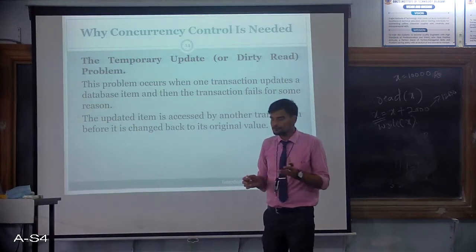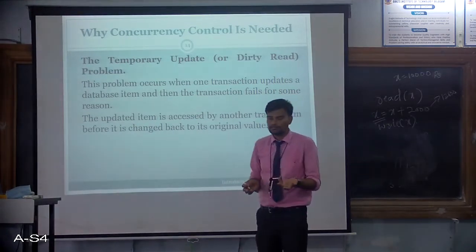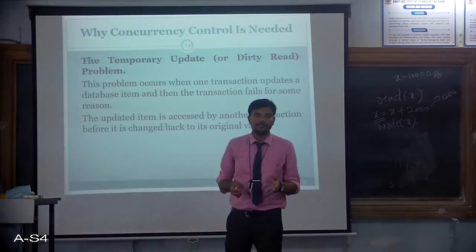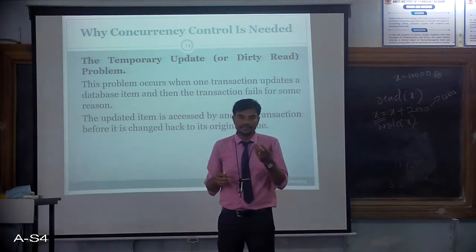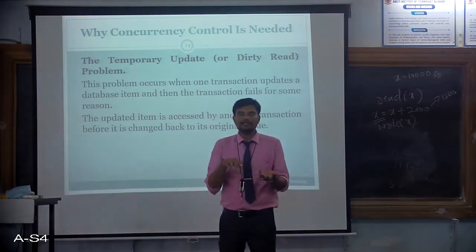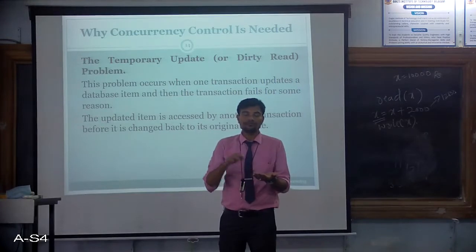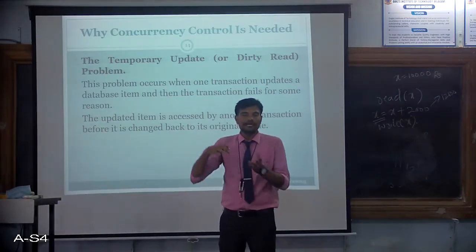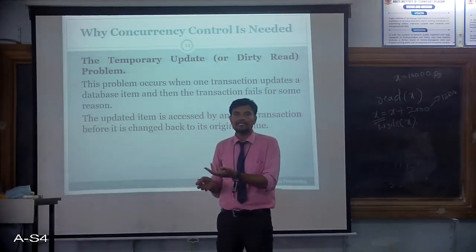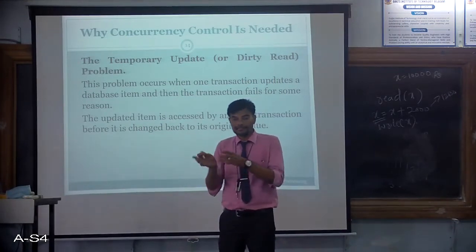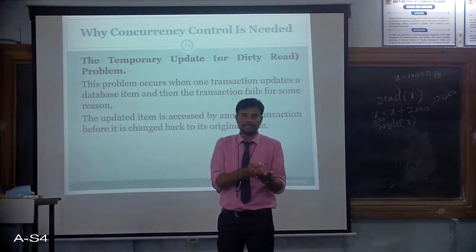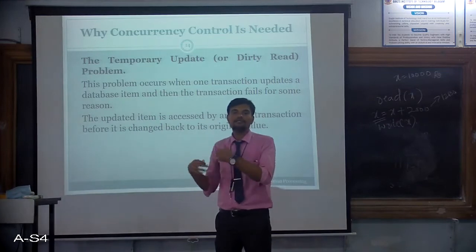This kind of problem occurs when transaction T1 is executing and has not committed its transaction, and transaction T2 has executed and read the value of transaction T1, and it has committed its transaction.